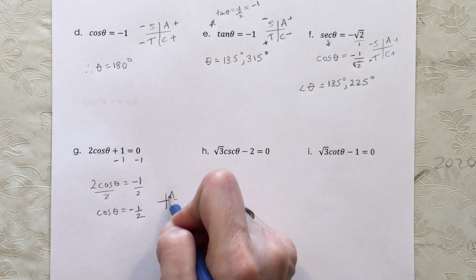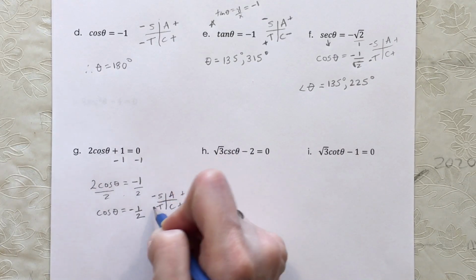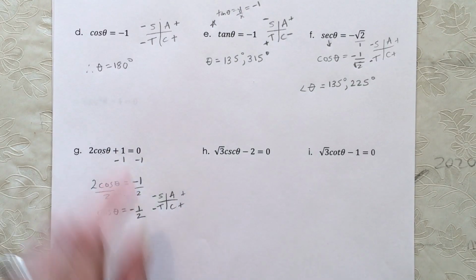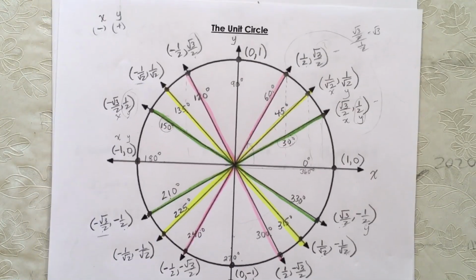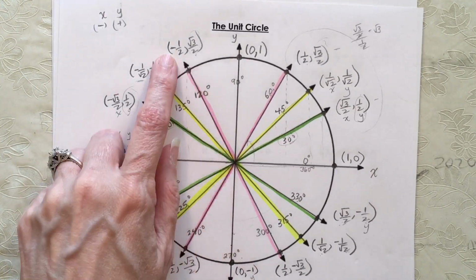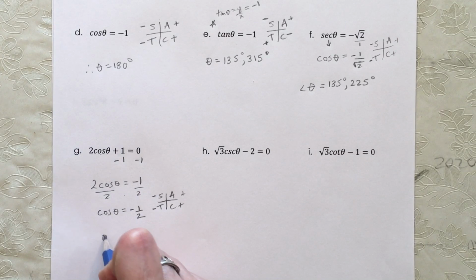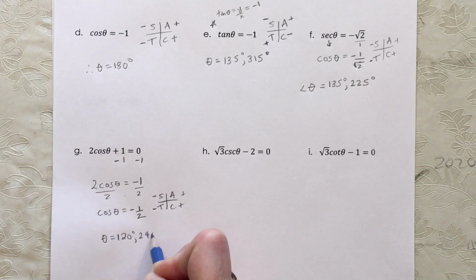Apply our CAST rule. We want to know where cosine is negative. So second and third quadrant, and it's cosine, so we're looking at the x value being -1/2. So in second and third quadrant, the x value being -1/2 is at 120 and then at 240 as well. So theta equals 120 and 240.